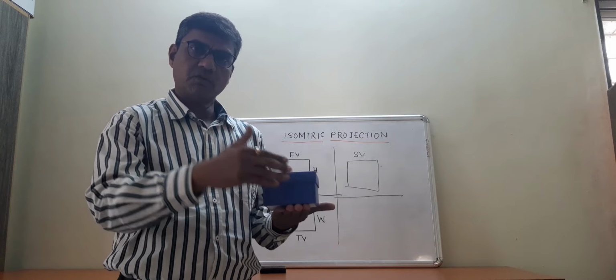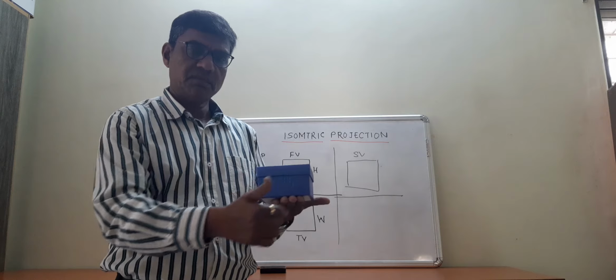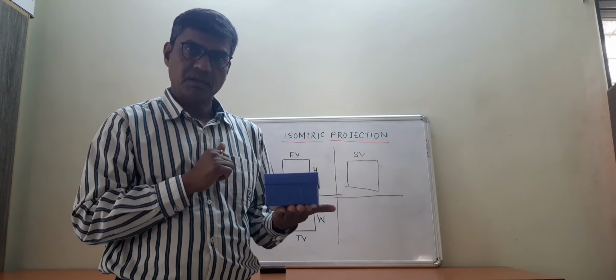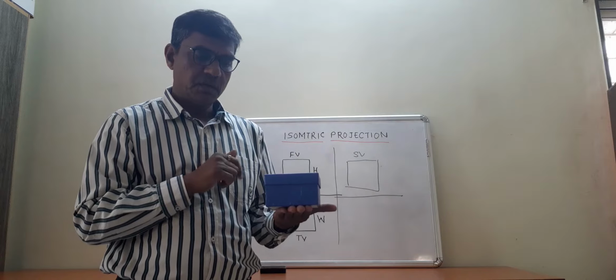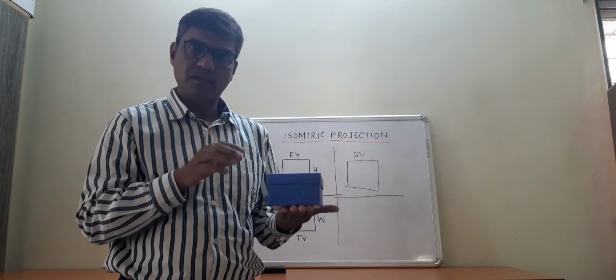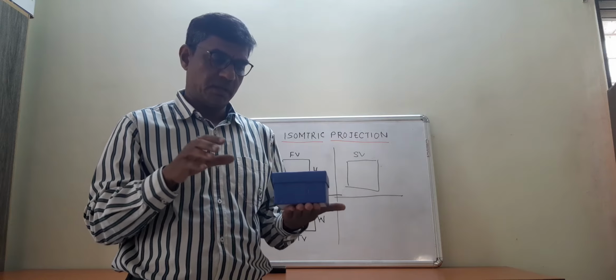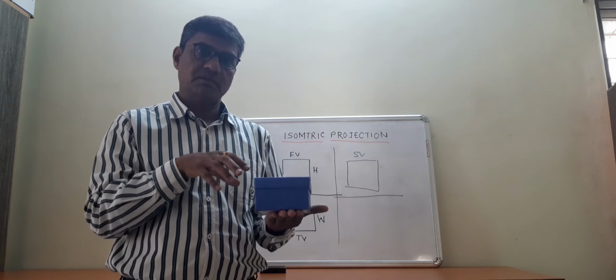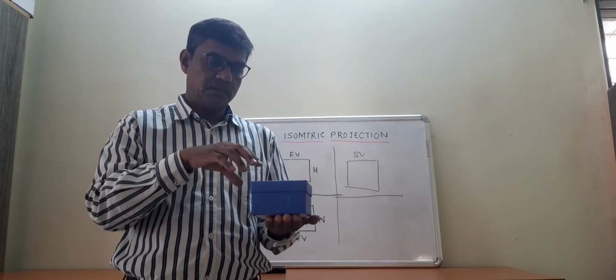So the surface which is closer to the observer, only this surface will be seen by the observer looking from the front. So the front view, in this case, will be a rectangle. Agreed? Okay.